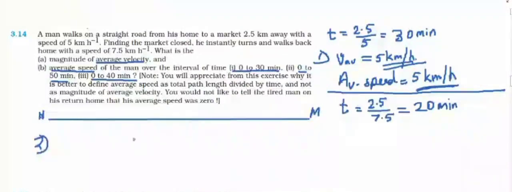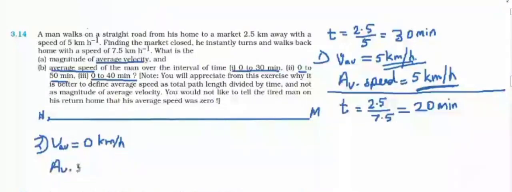Now try to give the answer for part 2. 0 to 50 minutes means you can see he returns back to the initial position. Therefore, his average displacement is 0 and average velocity is also 0. And how much is the average speed?